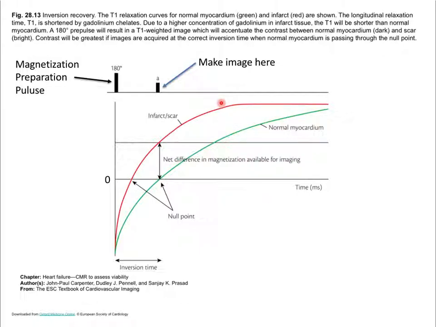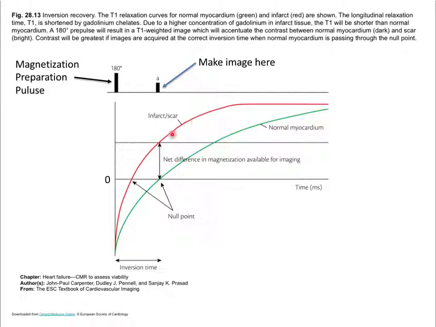So let's take a look at some of the details about making these pictures. This is two graphs of the longitudinal magnetization as a function of time. This is the magnetization in the scar, and this is the magnetization in the normal myocardium. In the normal myocardium, the contrast agent has washed out at this point, and so its T1 is longer than the scar in which the gadolinium has been retained.